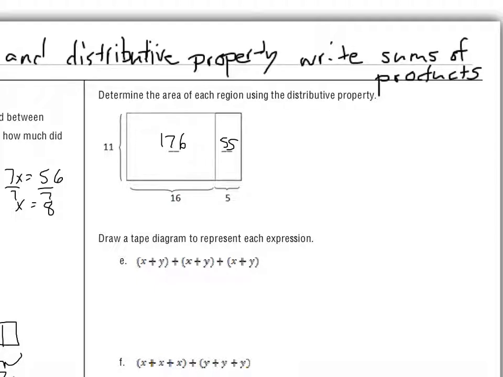So hopefully you're thinking about it as, what are my sides? Well, one side is 16 plus 5, and that's times the 11. So this is what this is trying to model, and we can see that if we use the distributive property alongside that, we see this is 176 plus 55.